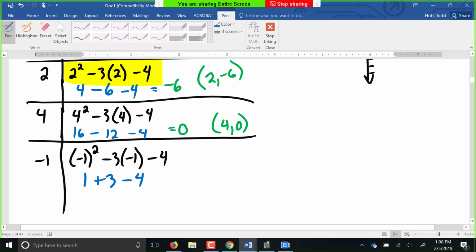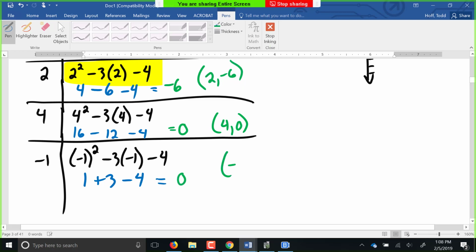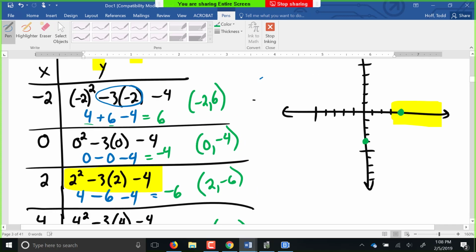It's actually 0 again, isn't it? So x is -1, y is 0. So -1, 0 puts us right there.